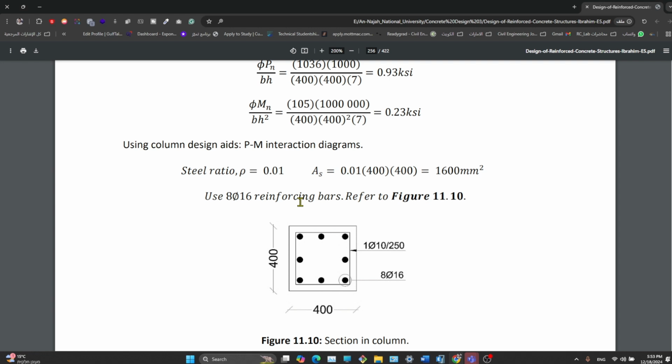We need to check if the column is okay, or can take the resistance, or has the capacity for the moment in the presence of axial load also. So we need to take this point, which is 0.93 in the y-axis, or let's say 0.23 in the x-axis, with gamma equal to 0.7 and rho equal to 0.01 on the interaction diagram, and check that point.